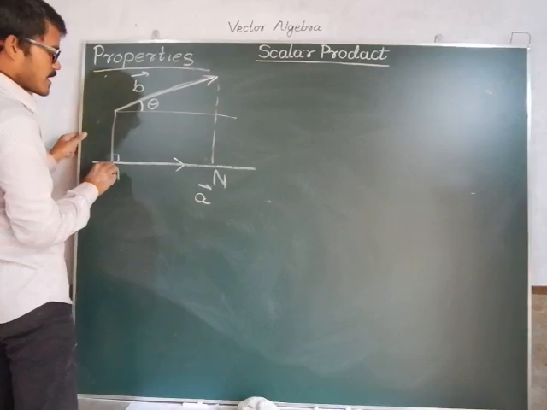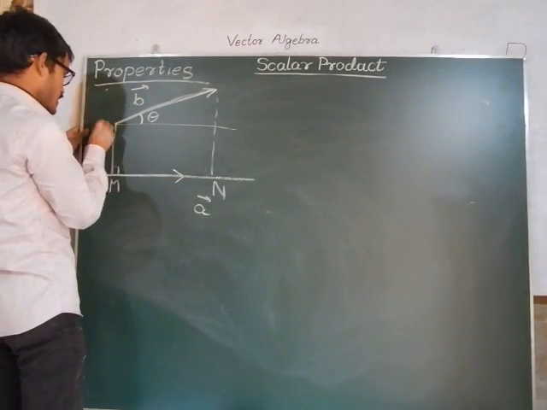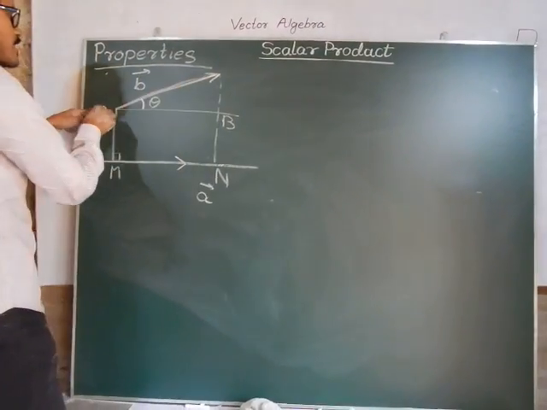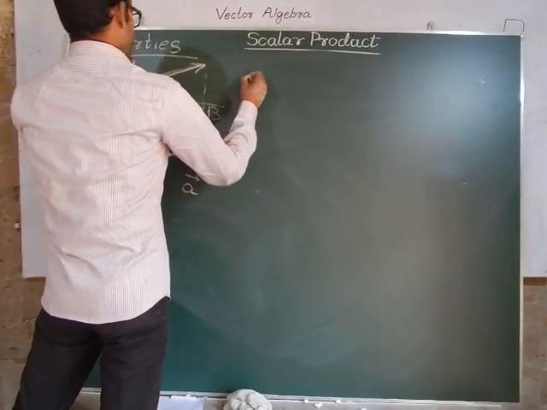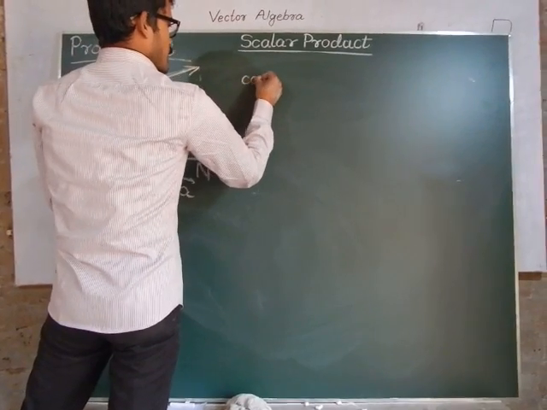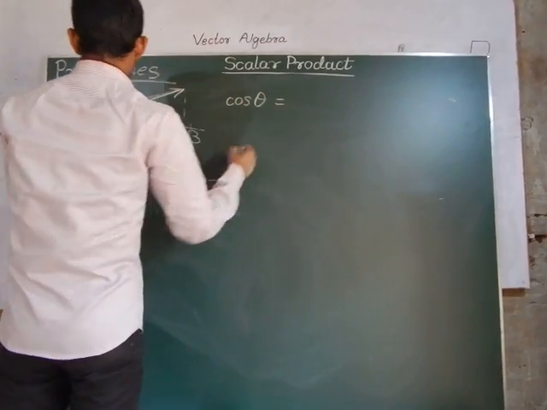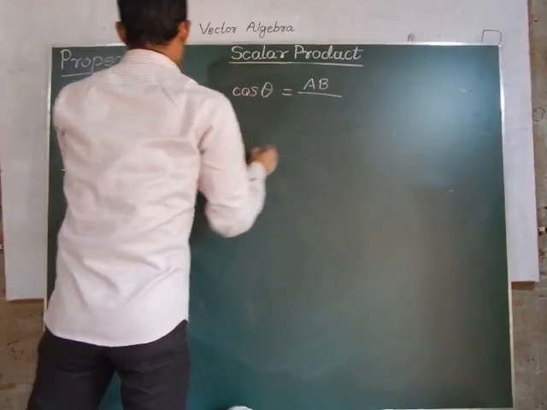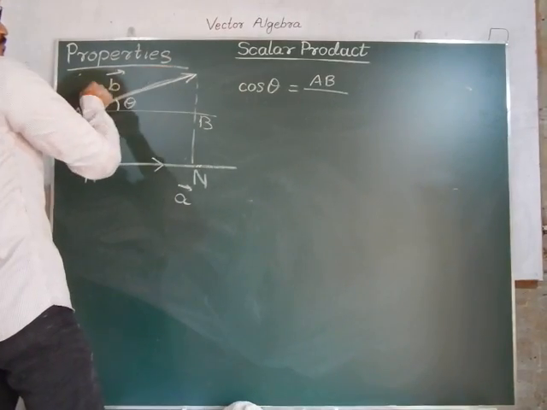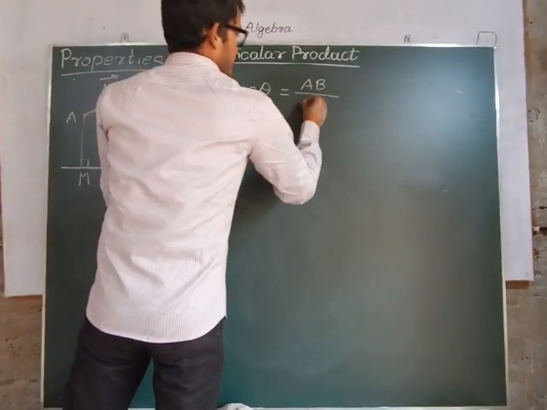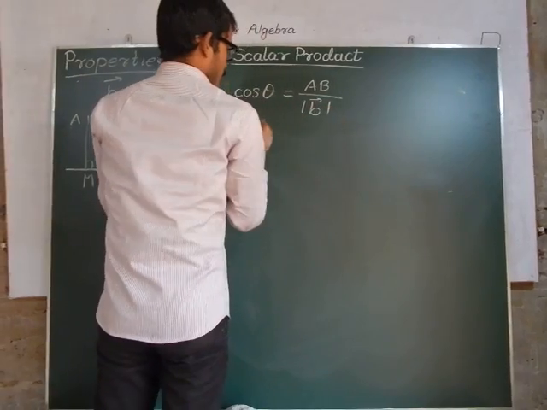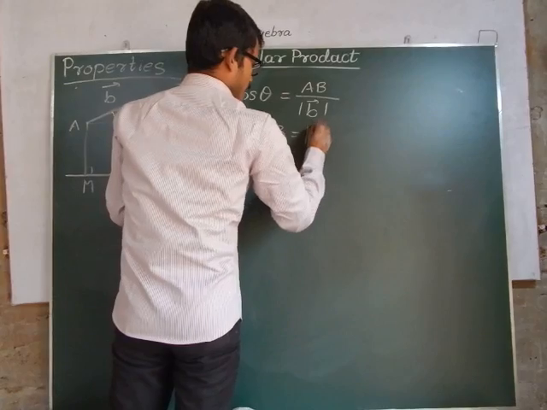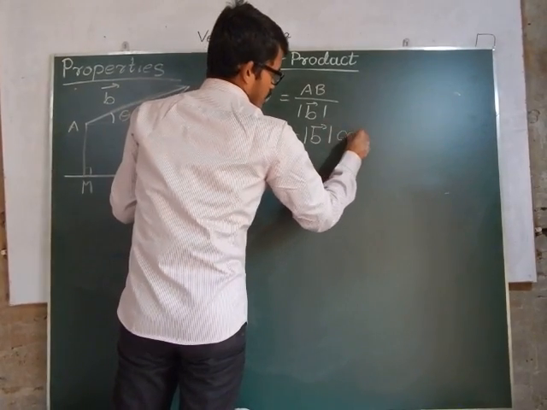Means we have to find the length MN, that is equal to, let's say, AB. In this triangle, we can write cos theta is equal to length AB by the magnitude of this vector B, and by this we can write AB is equal to magnitude of B into cos theta.